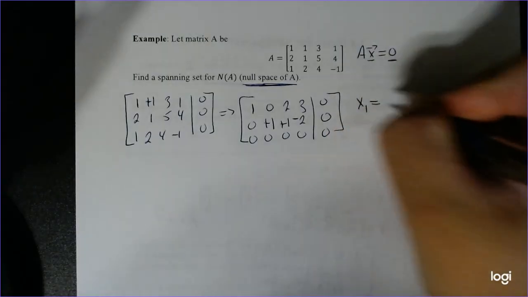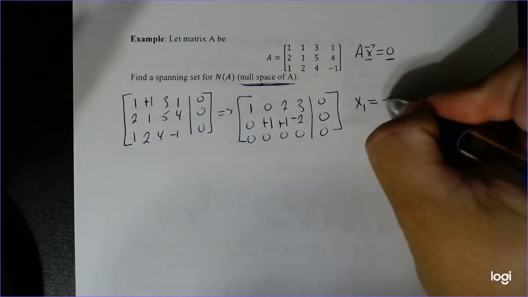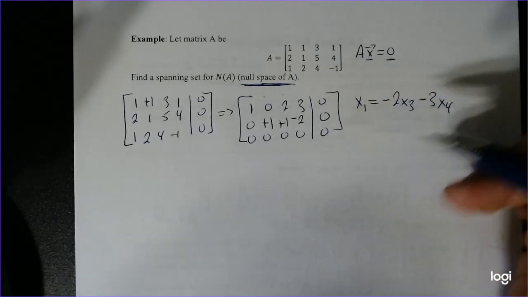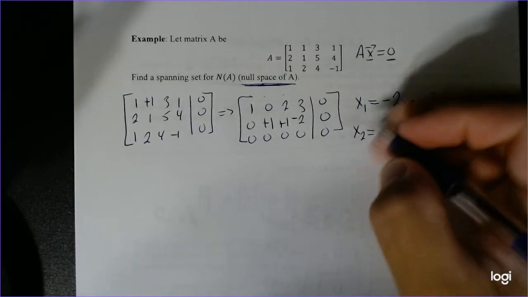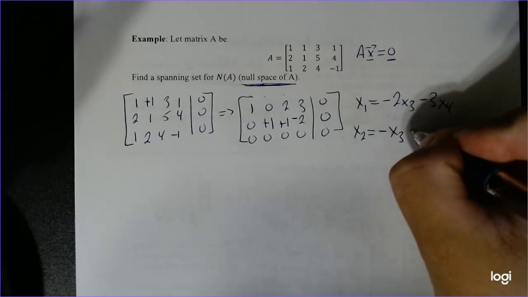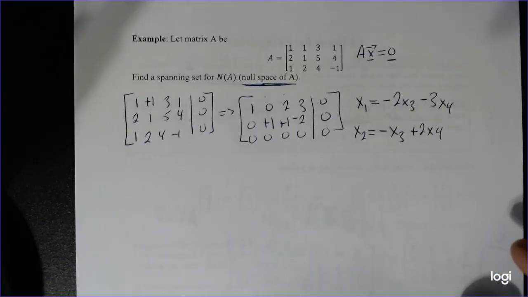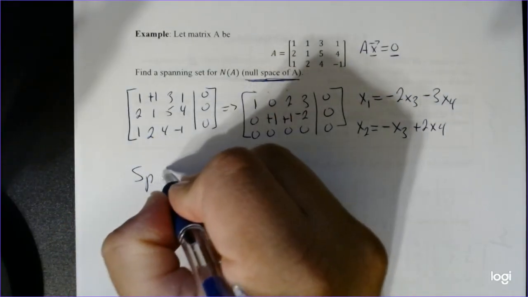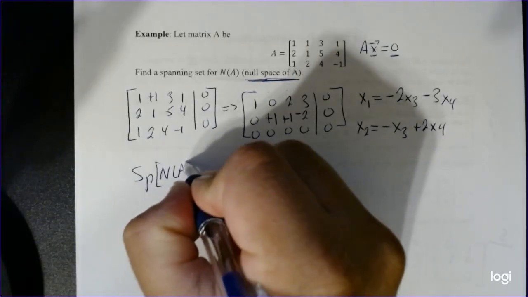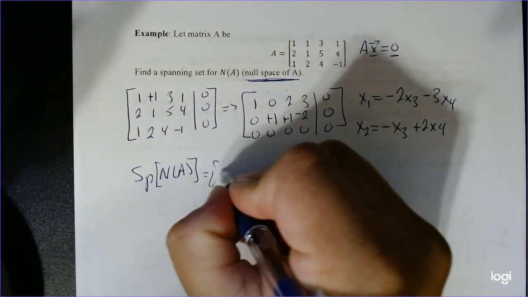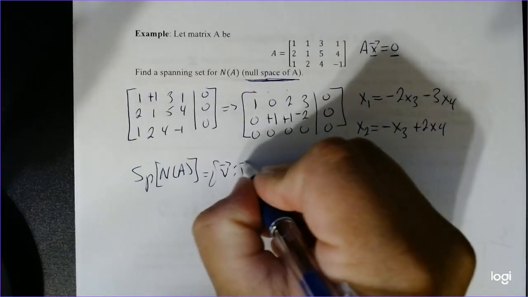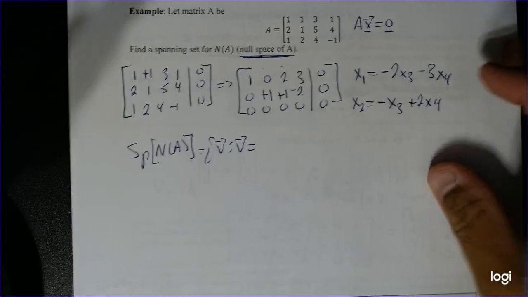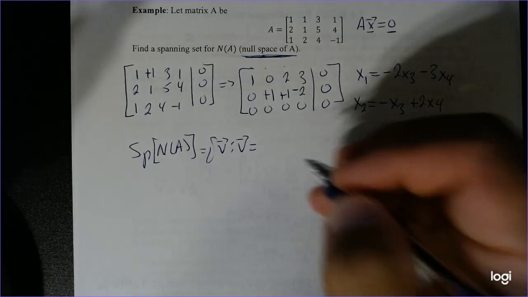So we get x1 is equal to minus 2x3 minus 3x4, and x2 is equal to minus x3 plus 2x4. Okay. So therefore the span of the null space is any vector v such that vector v is equal to, and now you have two different ways to describe the spanning space, using our vector notation.